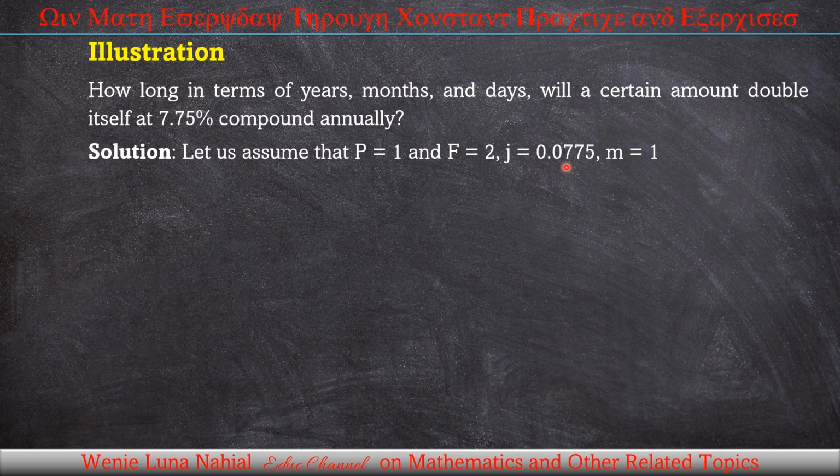And then our nominal rate, which is 7.75%, is equivalent to 0.0775, and our M is equal to 1. Again, using the formula, all we have to do is substitute them.